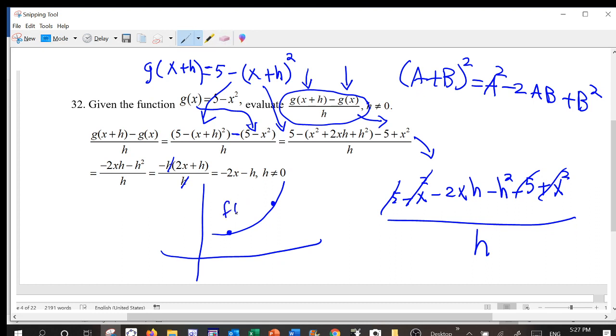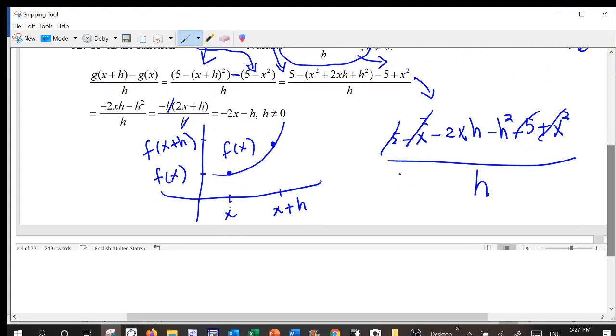Let's call it f of x. And if this is x, and this right here, x plus h, then this would be f of x, and this number is f of x plus h.